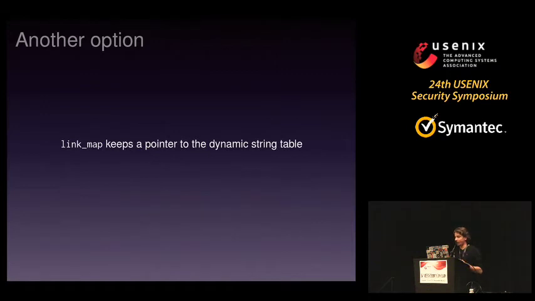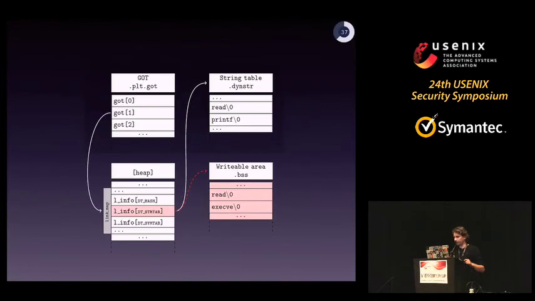table. So the idea is, if we are able to tamper with this data structure and change the value of the base address of the string table, basically we can go back to the first attack I presented, okay? Let's see how it works. So in the GOT, in the second position, we have a pointer to this link map data structure.